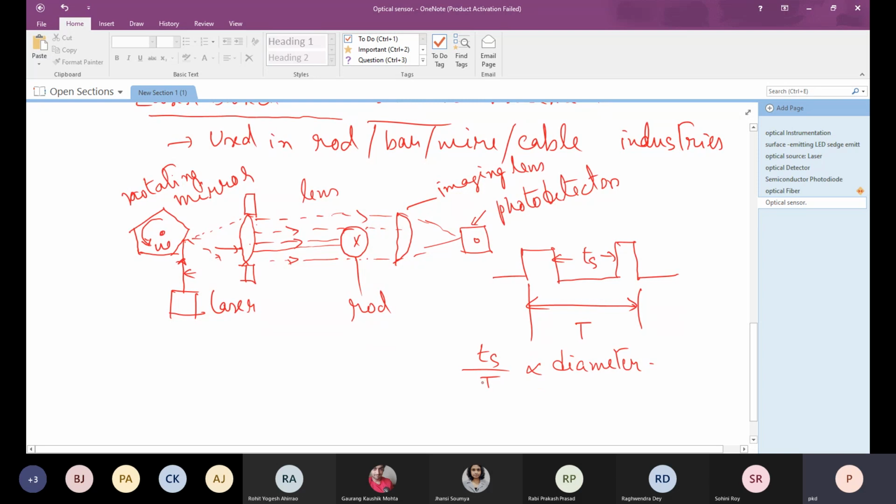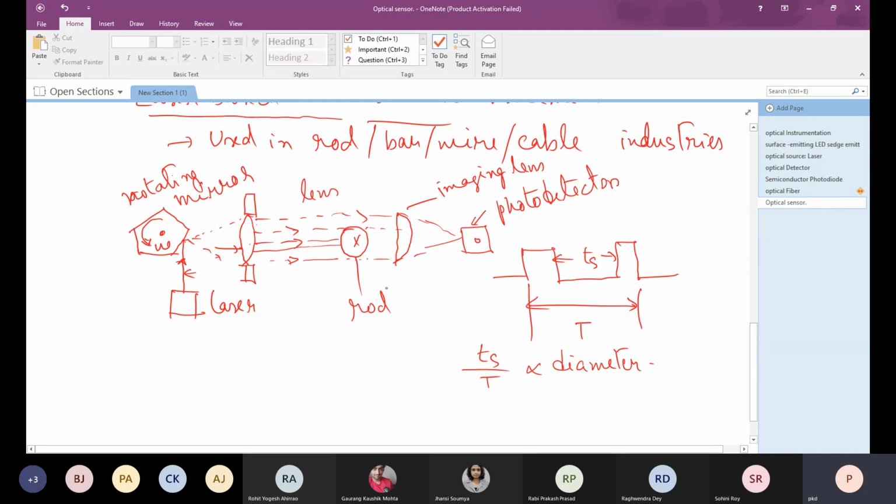So these kinds of schemes are used in cable industries, steel mills, where basically bars and rods are drawn. Now usually to measure the circularity, they put two such schemes. That means two such measurements are put in X and Y direction, perpendicularly cutting this rod which is moving in the Z direction.